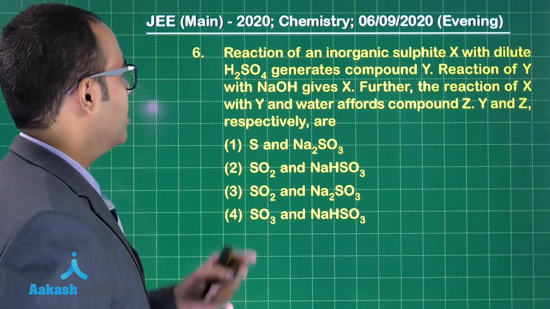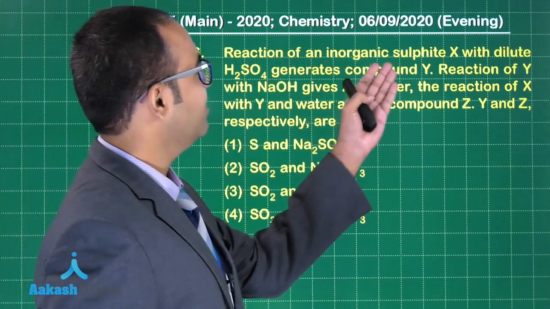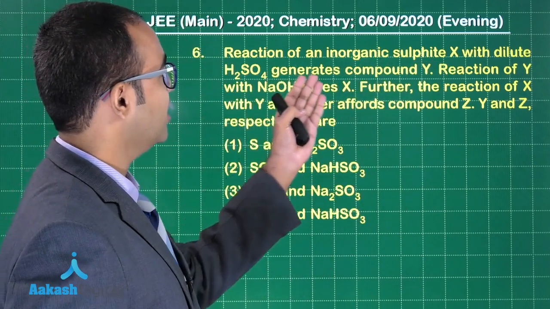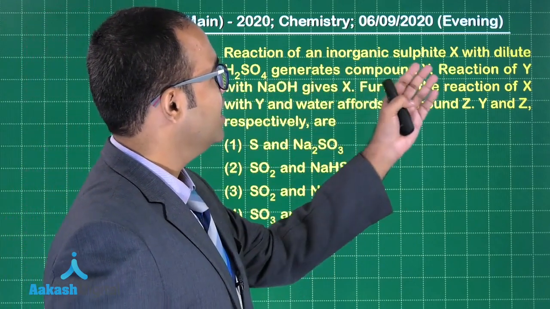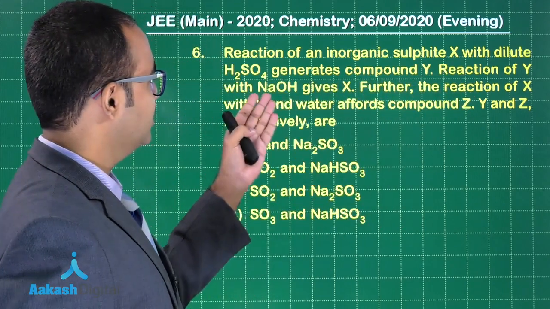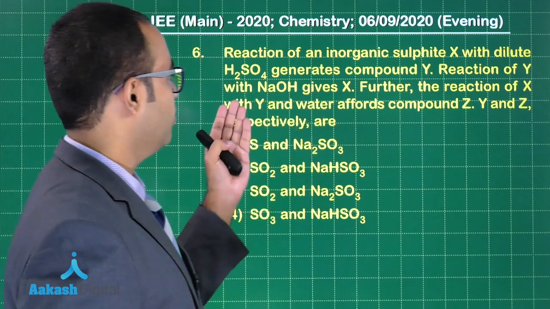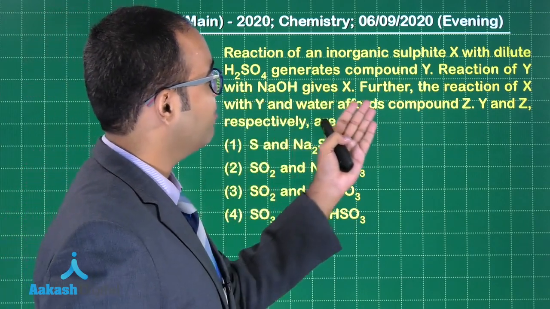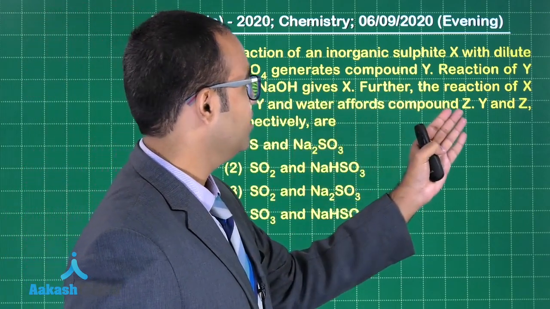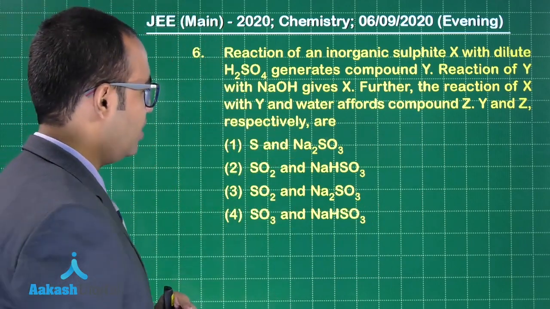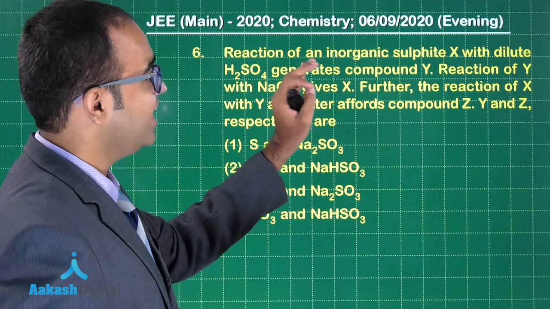Okay, the reaction of an inorganic sulfite X with dilute H2SO4 generates compound Y. Reaction of Y with NaOH gives X. Further, the reaction of X with Y and water affords compound Z. Y and Z respectively are. Okay, so it's given that it is an inorganic sulfite.